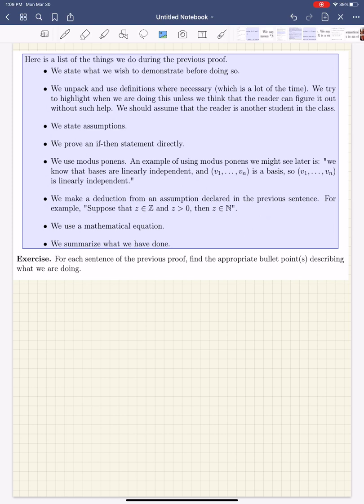You deduce things from assumptions that you put up beforehand. You use mathematical equations, and then again, and I want to stress this again, you always want to summarize what you have done. So as an exercise at home, I would recommend you go back to the previous proof and find a sentence that corresponds to each of the bullet points up here.